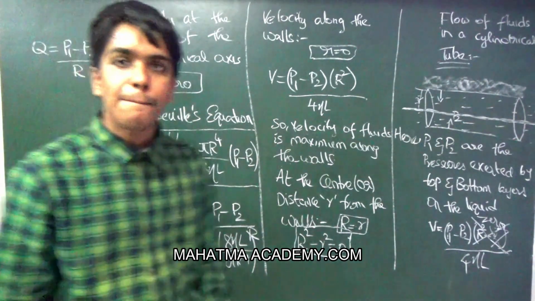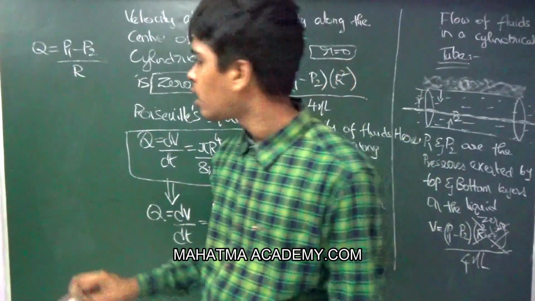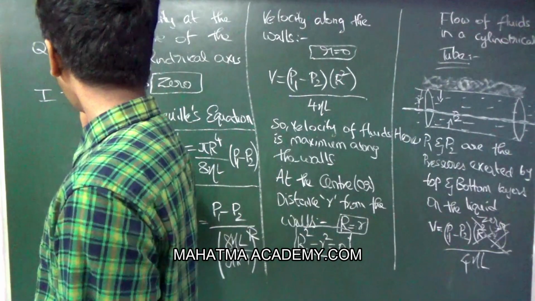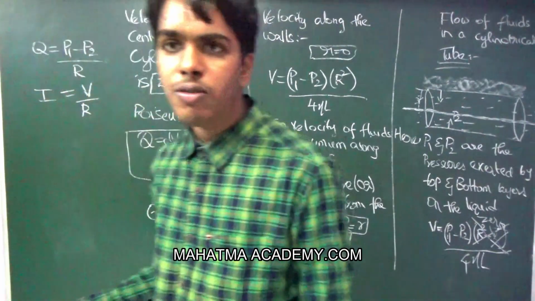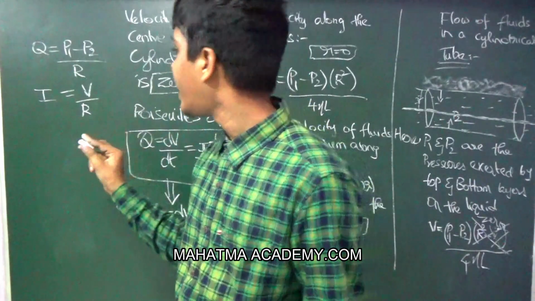Now we will compare with the current electricity chapter. I is equal to V upon R. Here I is equal to Q, that means volume flow rate.